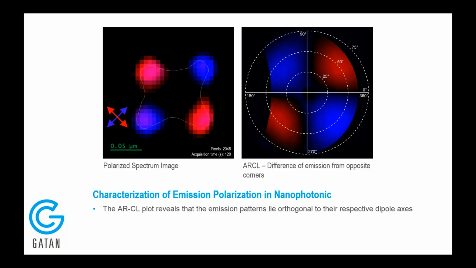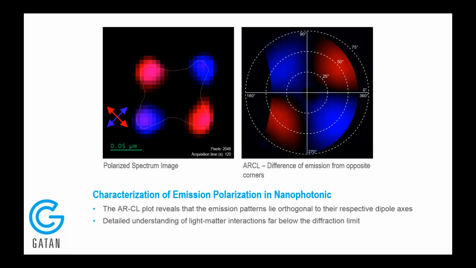And the angle resolved CL pattern that you see on the right-hand side reveals that the direction in which light is emitted is orthogonal to the respective dipole axes. You can see that the blue dipole is in this direction in the spatial map, and then it's orthogonal in the angle resolved plot.